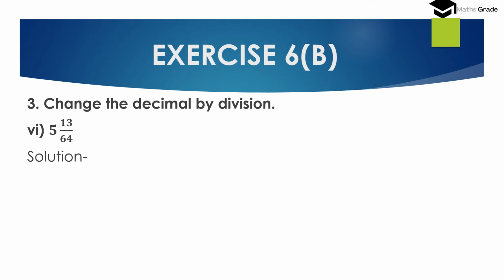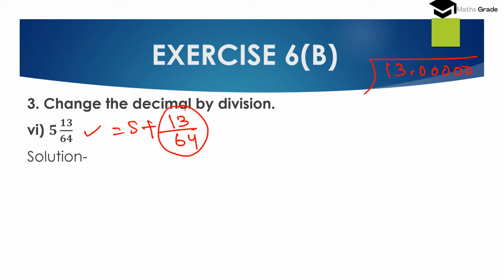Now sixth bit, 5 and 13 divided by 64. We can write 5 plus 13 divided by 64. Now convert this 13 divided by 64 into decimal. So we can write 13 as 13.0000. Now divide this 13 by 64.